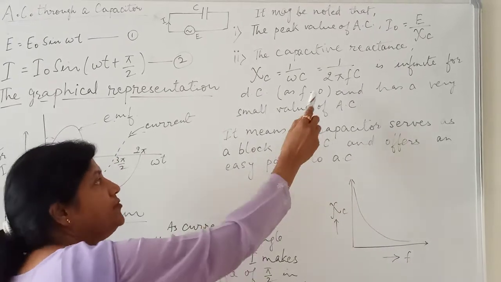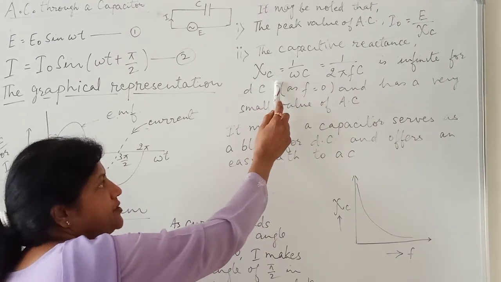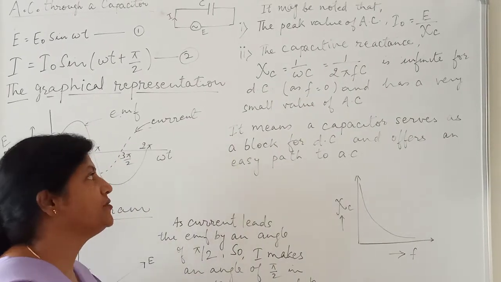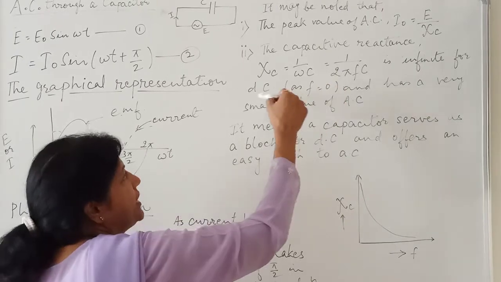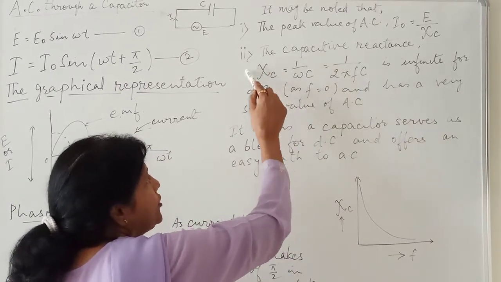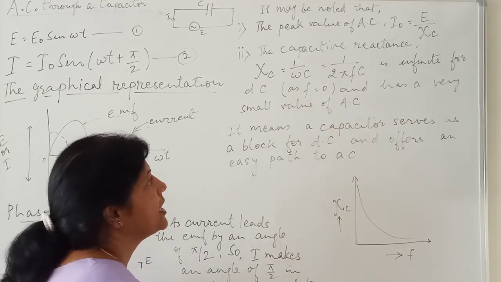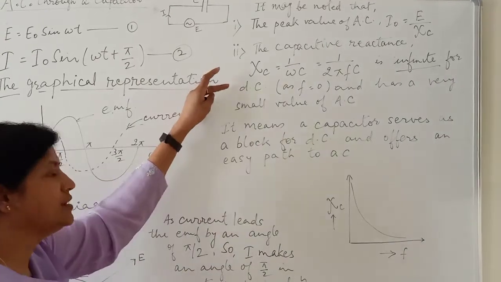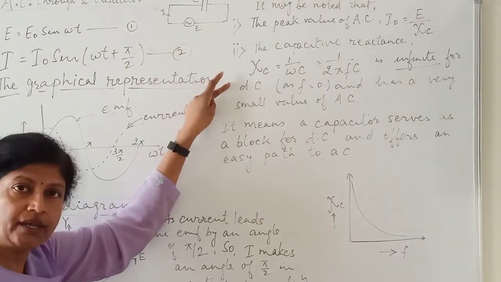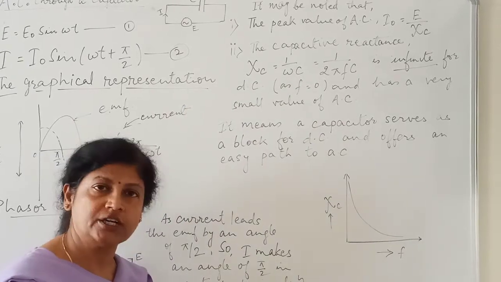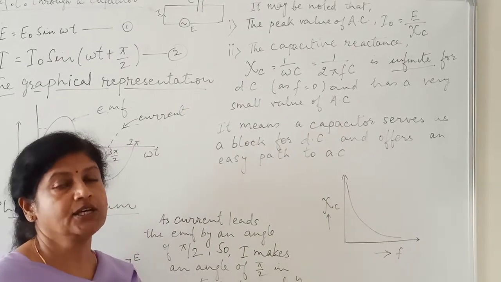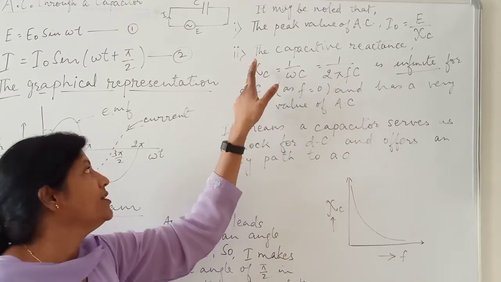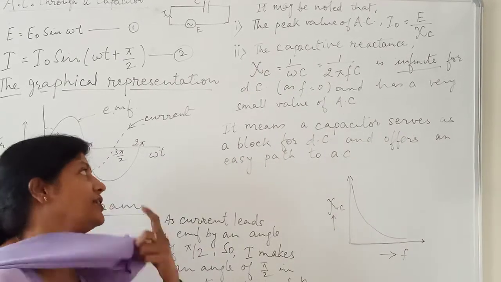So substituting, capacitive reactance is equal to 1 upon 2 pi f C. Capacitive reactance is infinite for DC, direct current. Why? Because for direct current, frequency is equal to 0, and if you substitute 0 here, you will get infinite capacitive reactance.